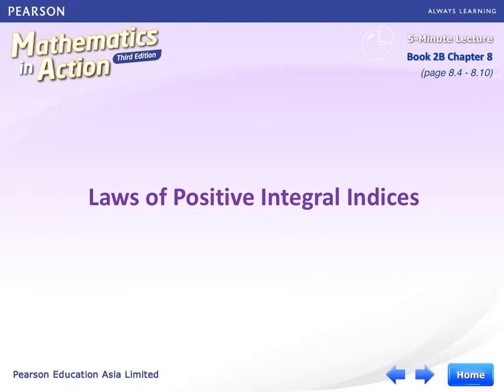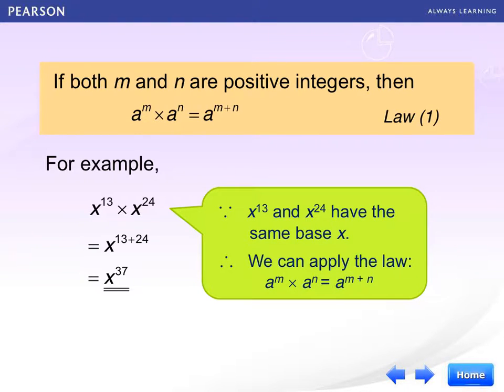Hello. This topic is about laws of positive integral index. First, let's revise some topics we learned in Form 1. When there are two numbers with the same base and we take the product, the result is the base with the indices summed.